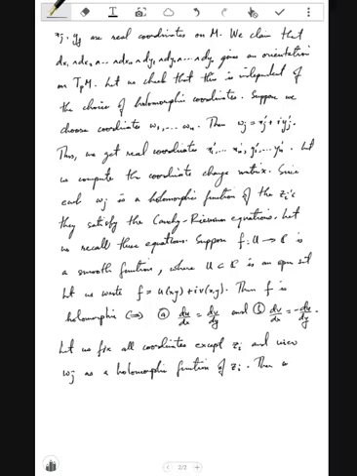Then we get dxj prime by dxi is equal to dyj prime by dyi and dyj prime by dxi is equal to minus dxj prime by dyi.